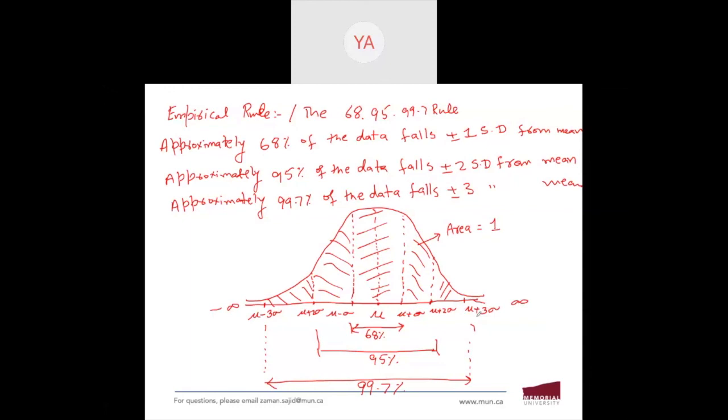Now I will take an example and elaborate more on how this rule can help us.